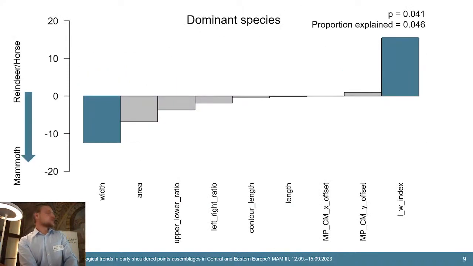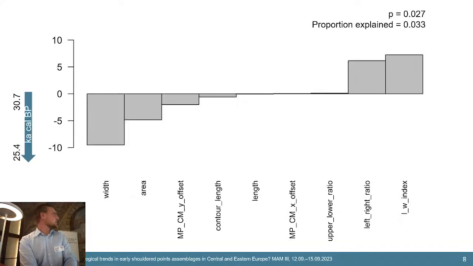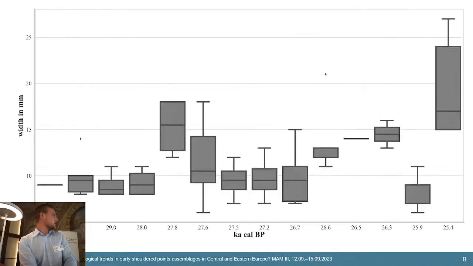I'm not too sure about the radiocarbon age of Petrokovic, but if you say it's only one, it's probably this one. According to this plot, it would fit quite well in the image of points getting wider toward the end of the curvature.